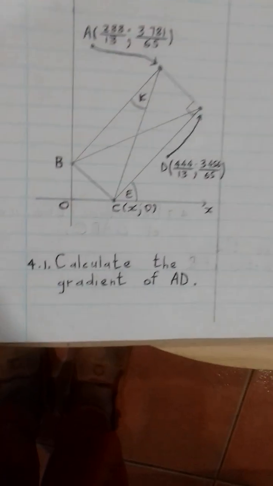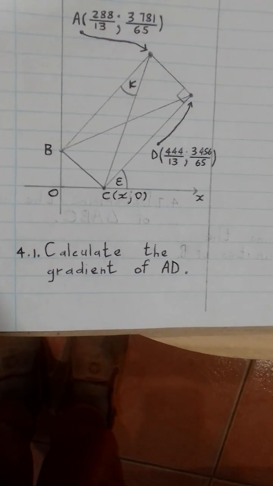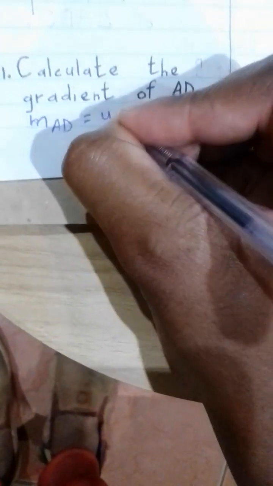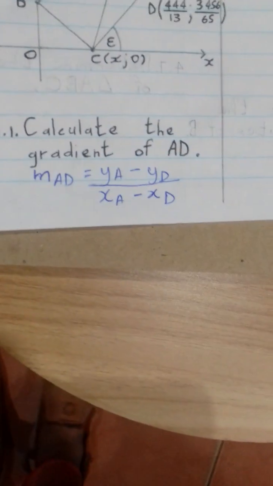Okay, 4.1 states. Calculate the gradient of AD. Even though you're not going to get a mark for the formula, it's best to write it down. So the gradient of AD is YA minus YD over XA minus XD.